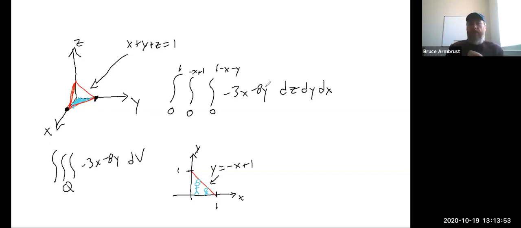Because now that we're here, this is a no-brainer, right? This is business as usual. You know what to do. And this is why, like I said before, and I'm going to probably say many other times, getting this thing set up is the majority of the battle. It's probably like 75 to 90% of the work is figuring out what your bounds are.